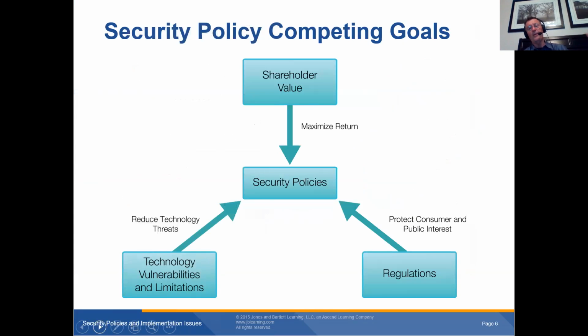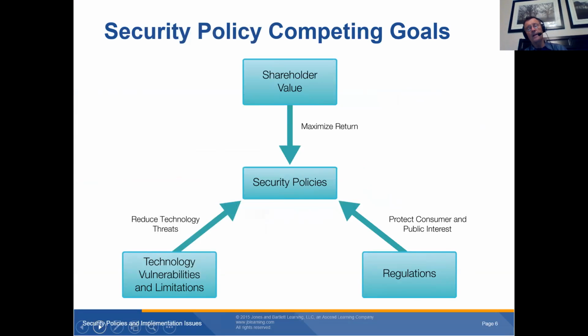So how does security policy have competing goals? Well, we're trying to maximize shareholder value, but we have to comply while doing that with some of these security policies. And frankly, they're expensive, time consuming, they take people, they take resources. As a company, we're trying to reduce our vulnerability and reduce the number of threats we have to be concerned with, but we're getting new things we have to be concerned with that are coming into our organization via the regulations.